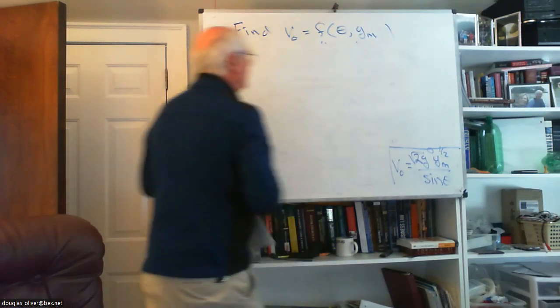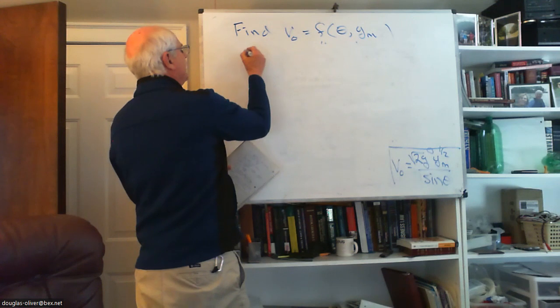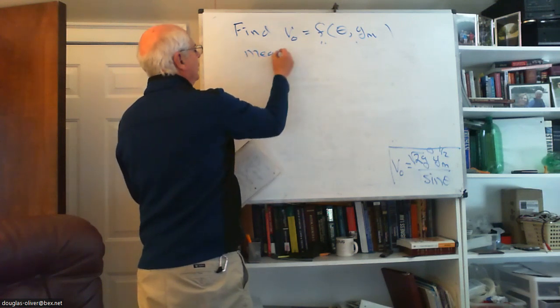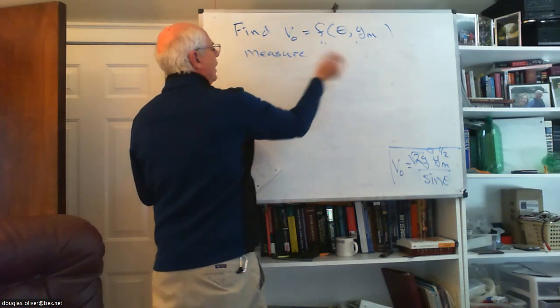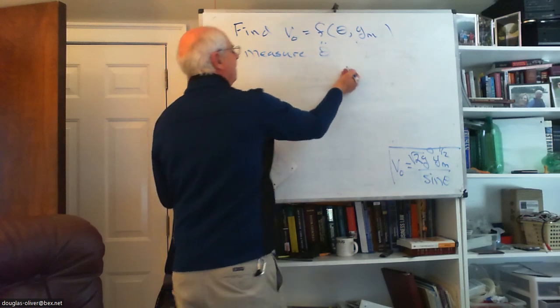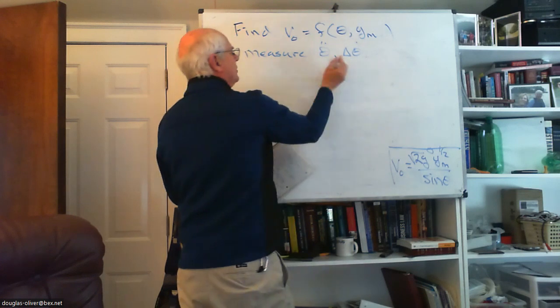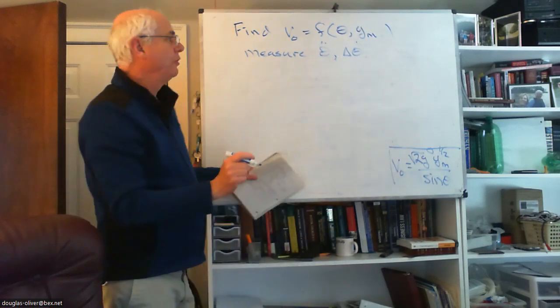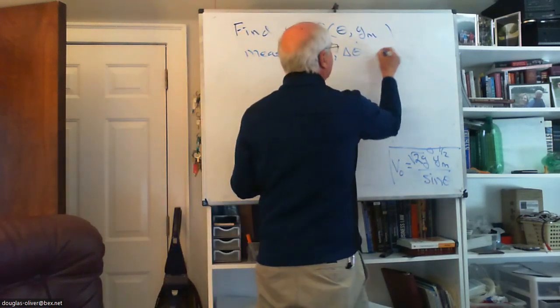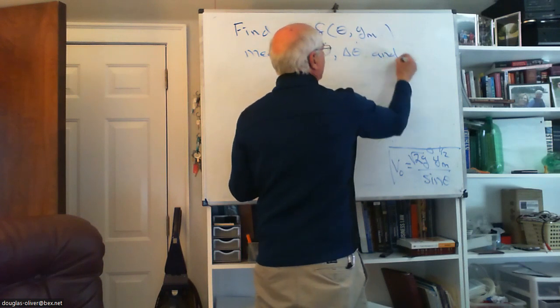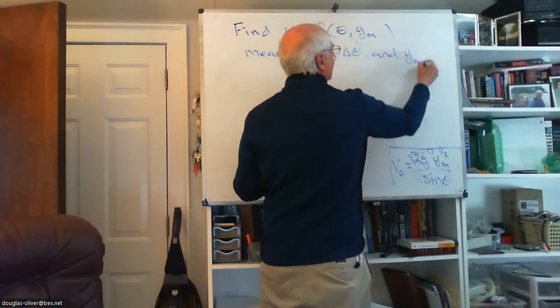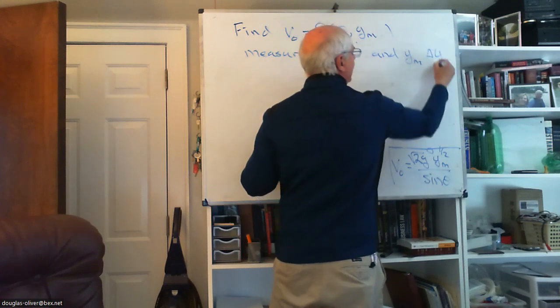Now I'm going to measure theta and an uncertainty in theta. These will be in degrees, and then convert them into radians. And y max and uncertainty in y max.